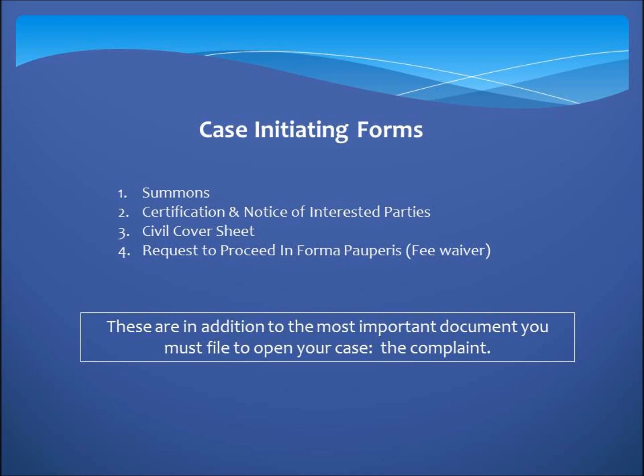These are the summons, the certification and notice of interested parties, the civil cover sheet, and if you are going to request a fee waiver, the request to proceed in forma pauperis. These forms are filed along with your complaint or other opening pleading in order to start a case. If you try to file your complaint at the clerk's office without these forms, most likely your complaint will be rejected.